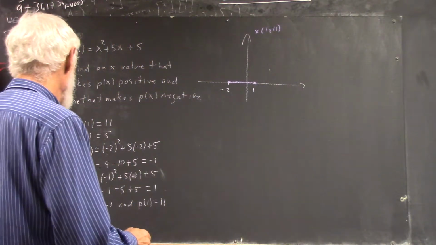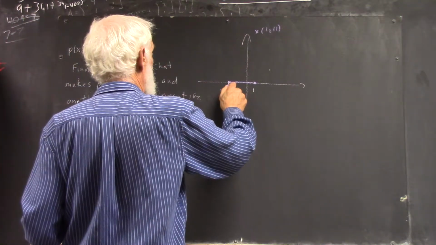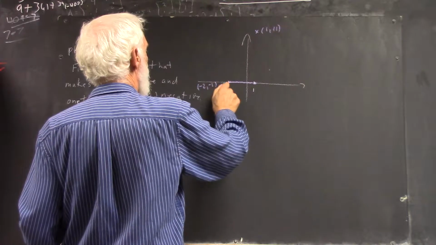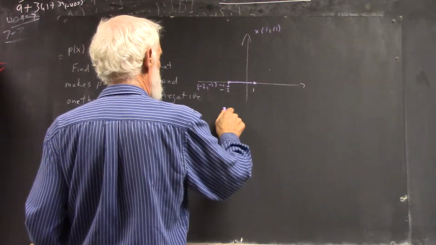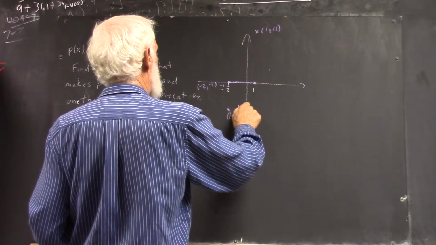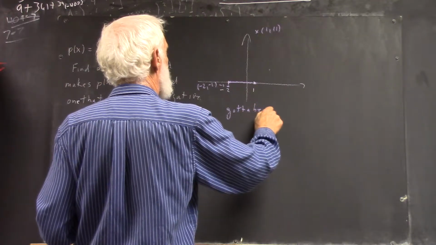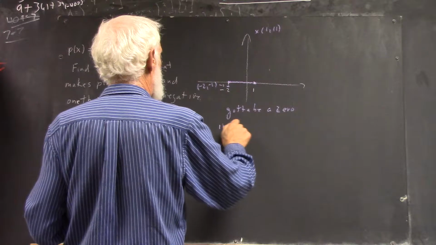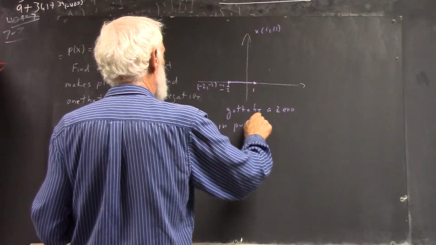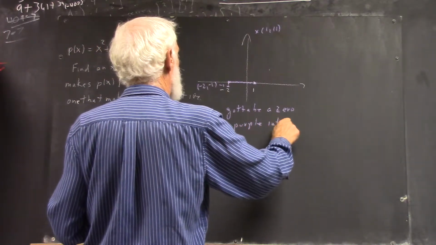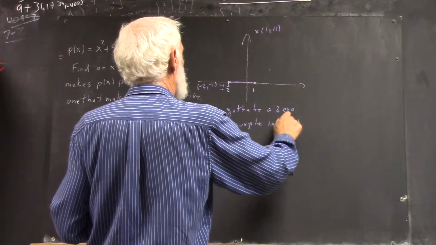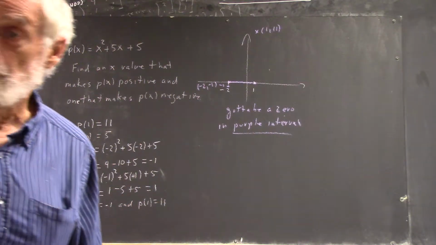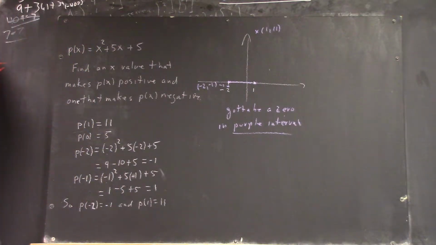And we got the point -2, -1. So there's got to be a 0 in the purple interval, right? Okay.